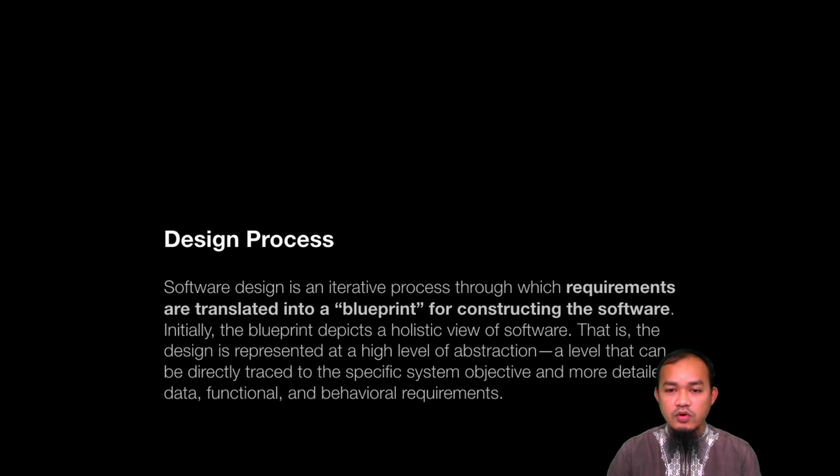If you have learned coding or programming, you know a blueprint is a class. We try to translate requirements, represented as high-level abstract explanations, into a blueprint. One blueprint can create several objects, right? As we know.